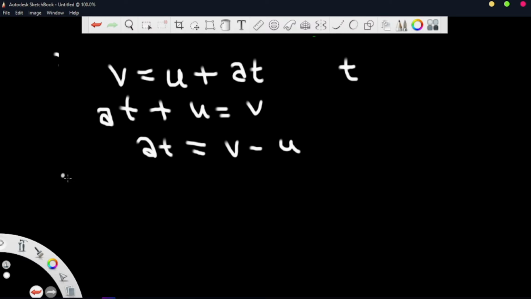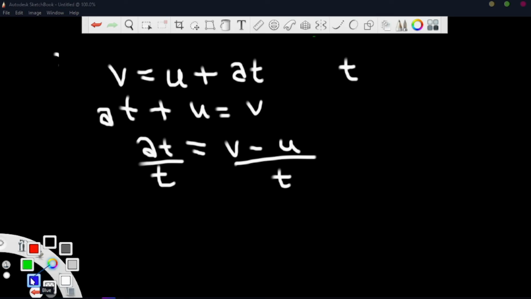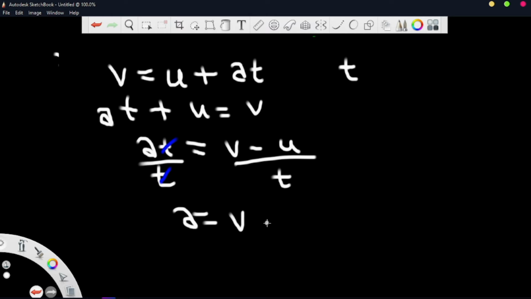Once I reach this stage, I can divide by t, and then this t and that t will give us a 1, and 1 times a is basically a. So I'll have a being equal to v minus u over t.